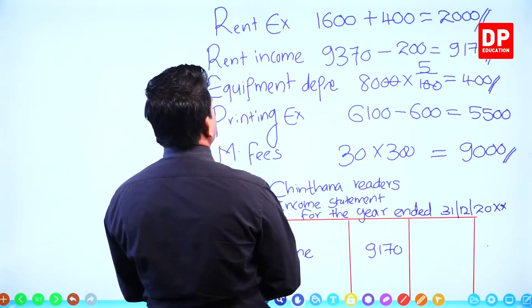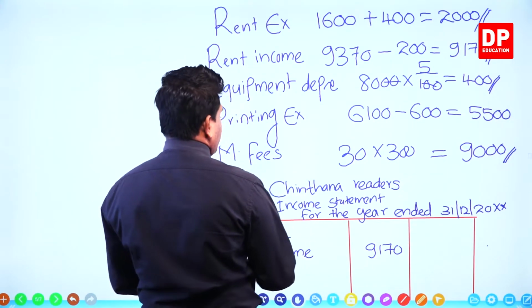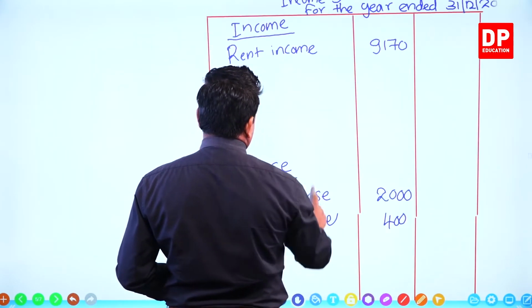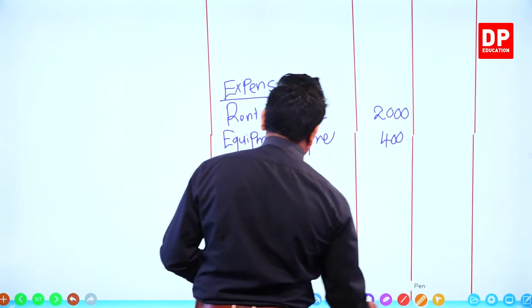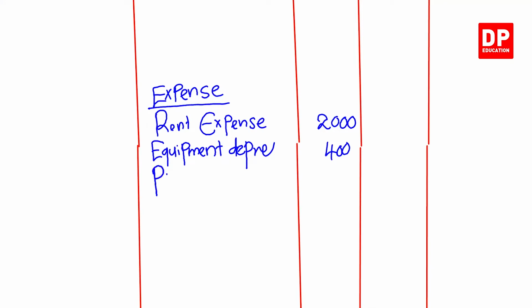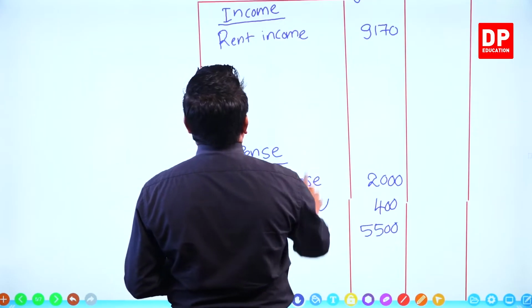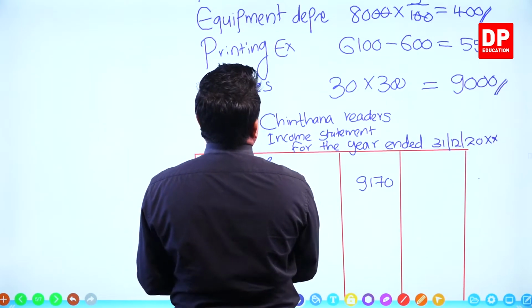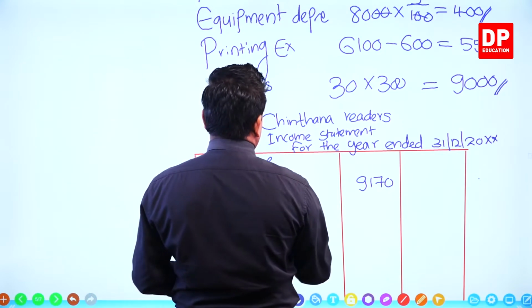Then printing expense 5,500. Next, membership fees 9,000.